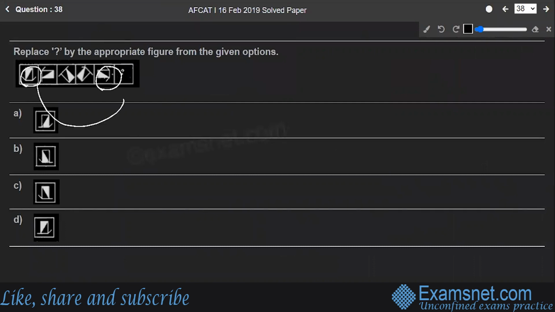First to fourth figure are similar with 90-degree anti-clockwise rotation, right? So that means what will come over here? I have to erase everything. Okay.